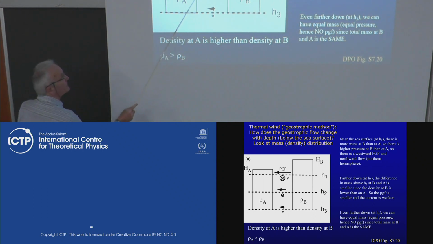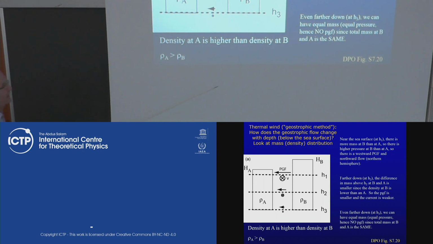Therefore the pressure gradient force is lower here than there, and consequently the geostrophic flow is weaker. The further we go down, the smaller the differences in pressure between these two water columns, because the density has more and more influence with respect to the sea surface height.